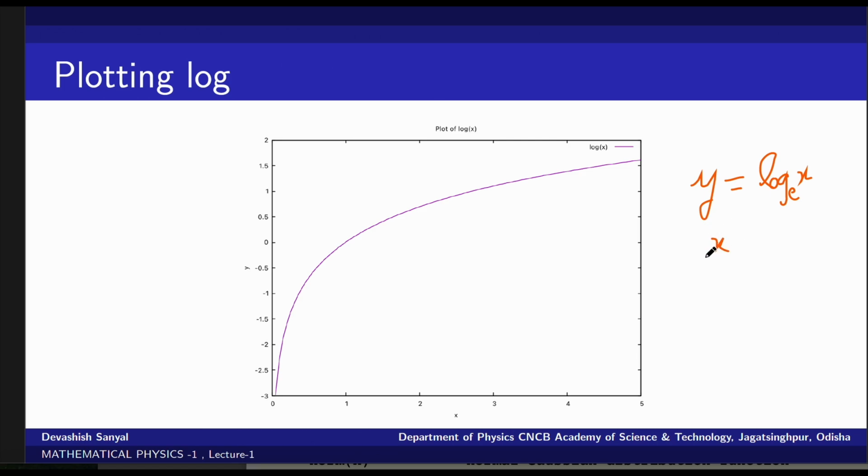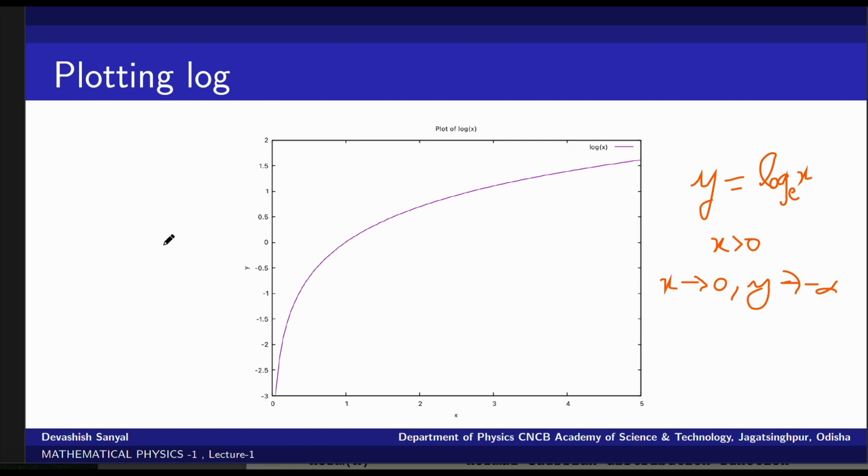Here x should be greater than 0, isn't it? Because as x tends to 0, y tends to minus infinity. This is the property of log. So this is what you see.